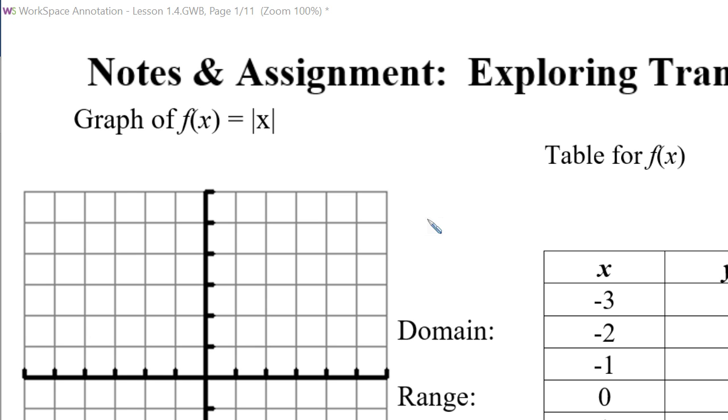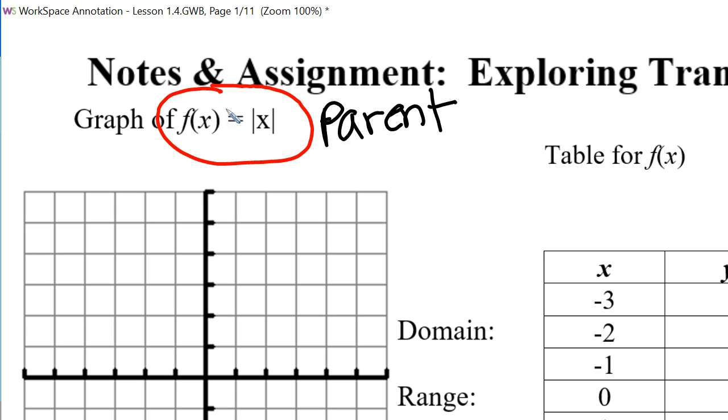Okay, so looking at the top, we are given this function: f of x equals absolute value of x. Those 2 vertical bars mean absolute value. And I want you to label this as the parent function.